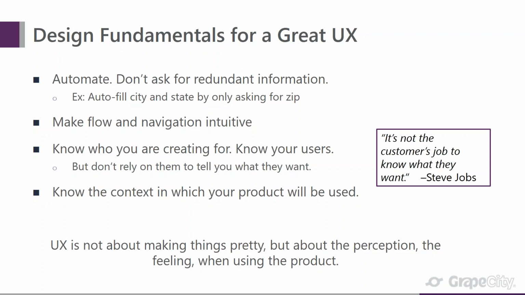For example, if you're asking for an address, don't make them fill out the city and state. Just by asking for the zip code, you can auto-populate the city and state. If you can automate as much as you can, it gives an even better UX to your end users.